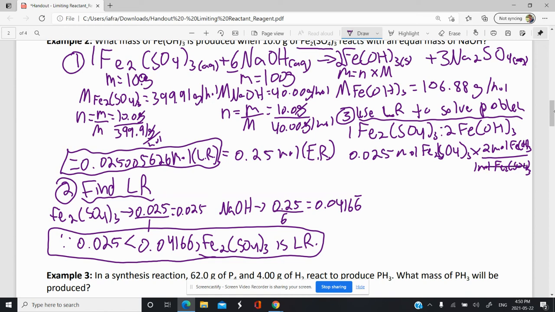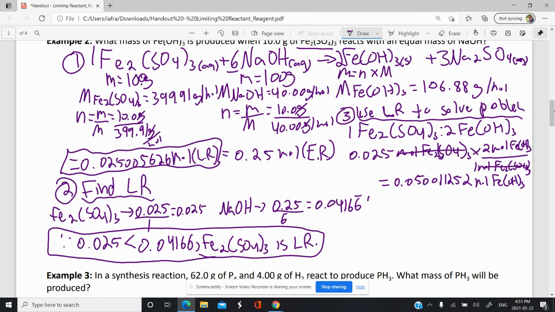Cancel out moles of the iron 3 sulfate, and you're basically just doing 0.025005626 times 2, and we'll get about 0.050011252 moles of the iron 3 hydroxide. So we found the number of moles.